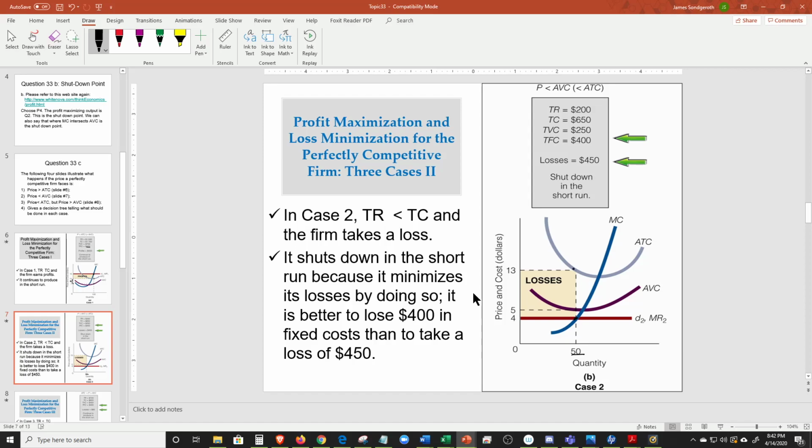The average total cost, or the cost per unit, is 13. So total revenue is 4 times 50, or 200. Total cost is the cost per unit, 13, times output, 50, which is 650.